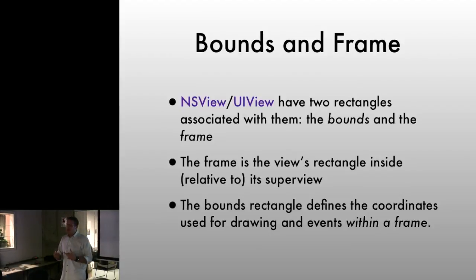Frames and bounds are a common source of confusion, like I said last time, for specifying the sizes of NSViews and UIViews. Here's the difference. Frames are for specifying within the superview where your view should be located.